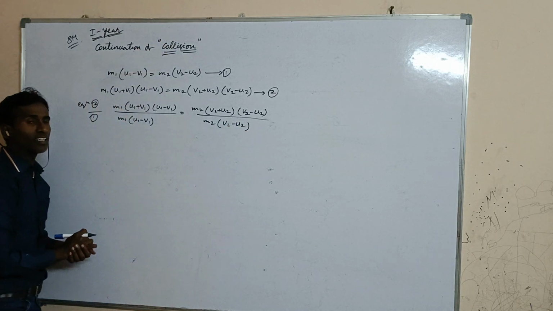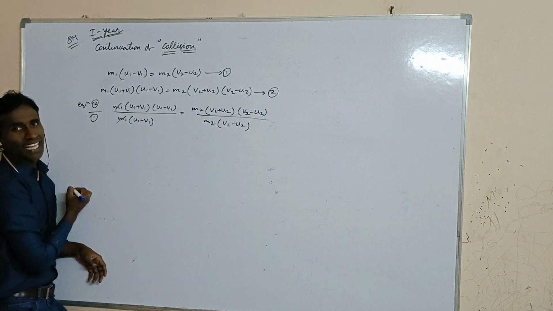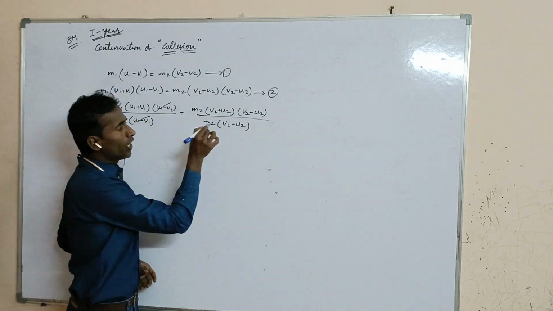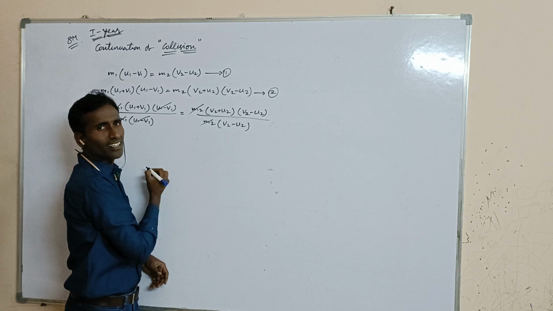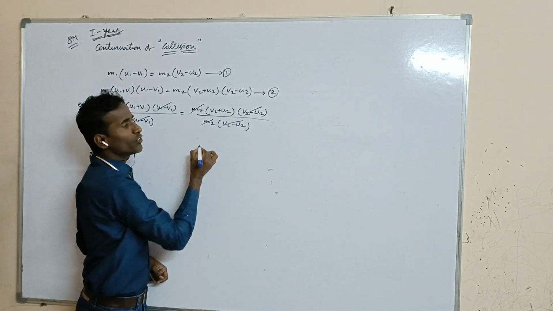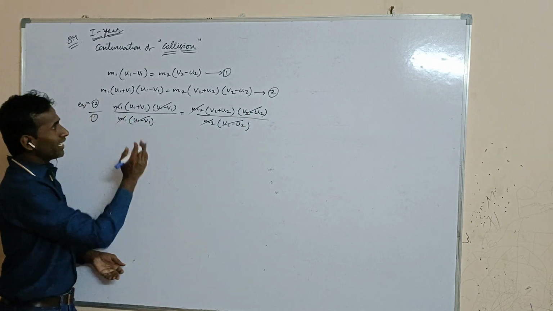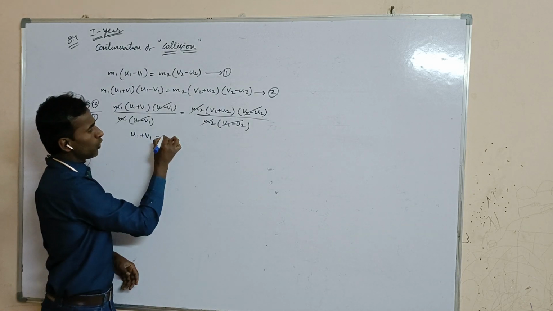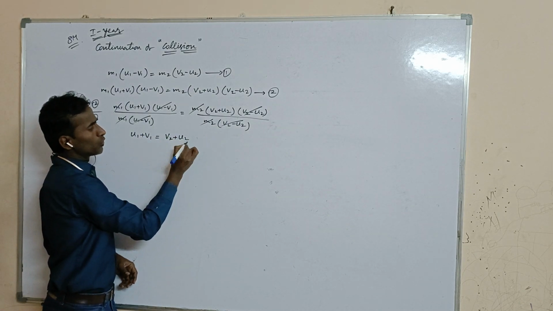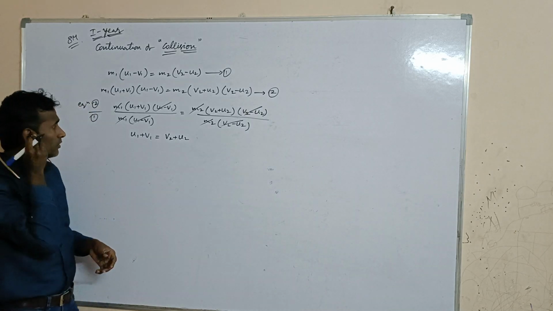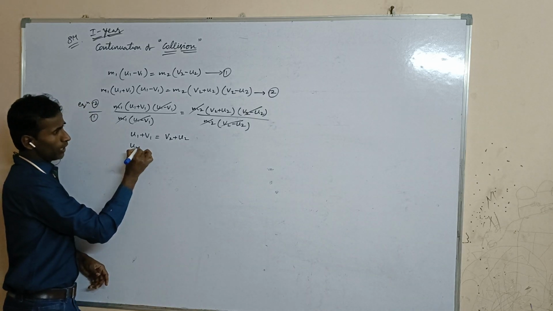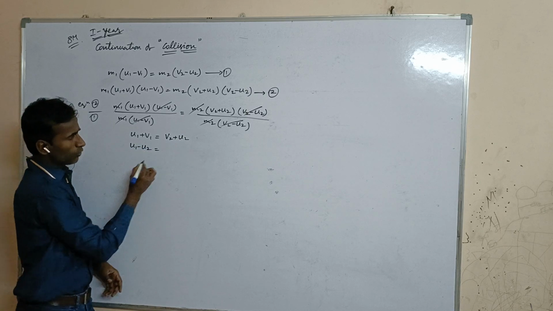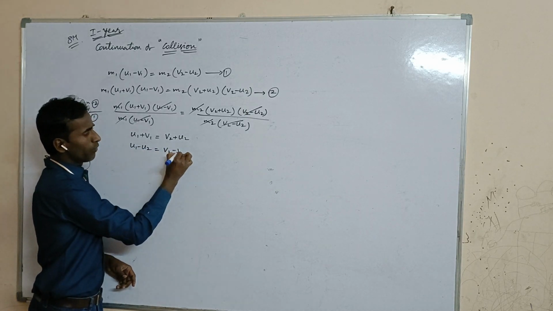Now you have to cancel: m1 is cancelled and (u1 minus v1) cancels, and here also m2 is cancelled, (v2 minus u2) both are cancelled. The remaining answer is u1 plus v1 is equal to v2 plus u2. Now bring u2 to this side, that is u1 minus u2 is equal to v2 minus v1.